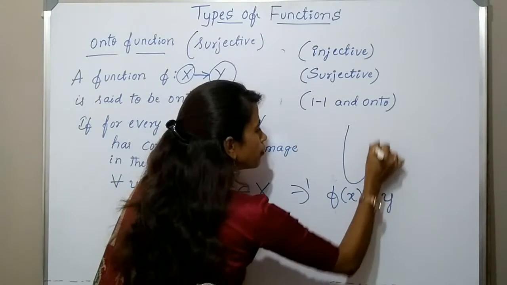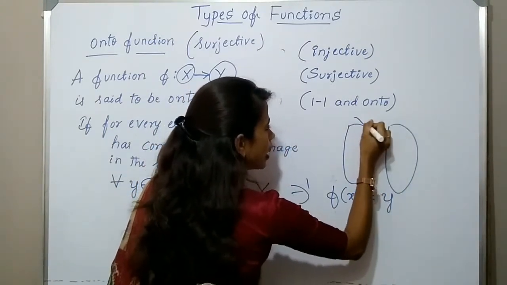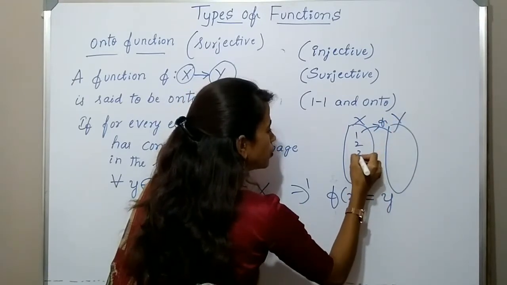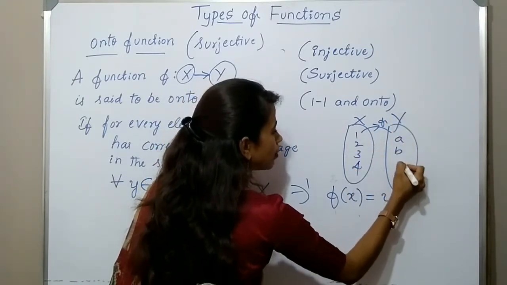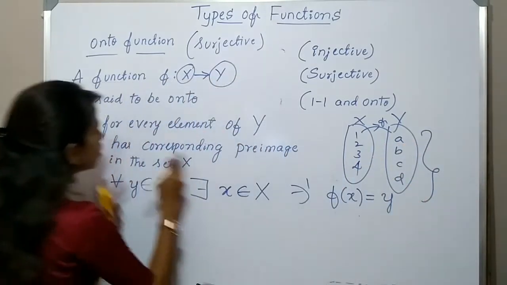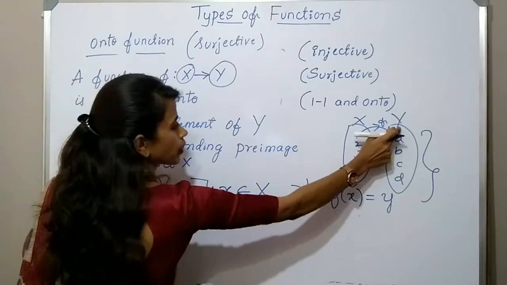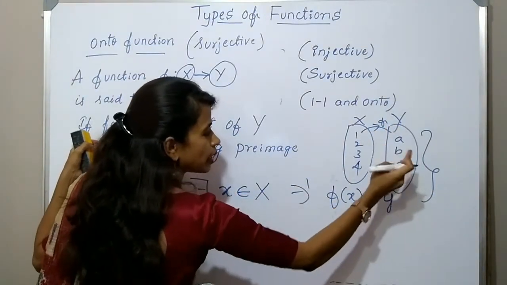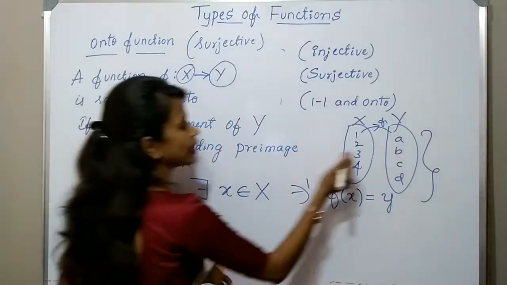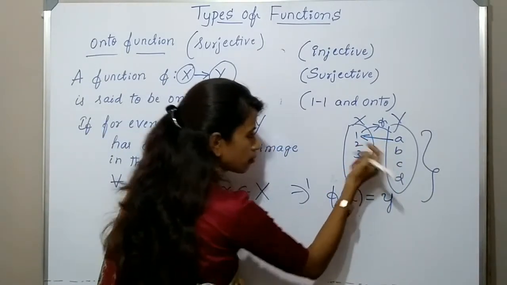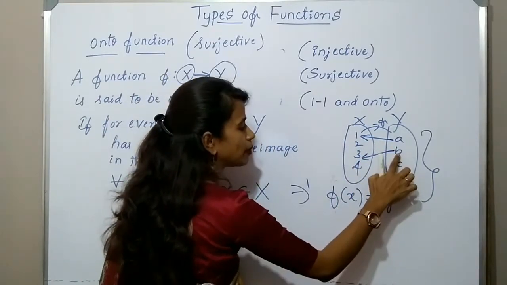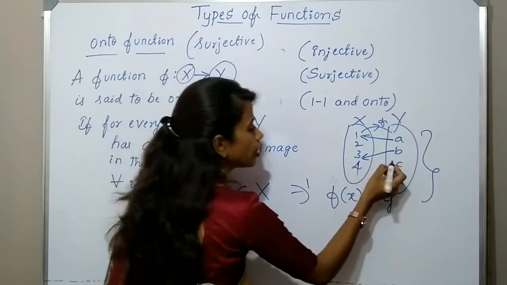That is, if I take an arrow diagram, say X and Y, the mapping is f, with elements 1, 2, 3, 4 and here I am taking a, b, c, d. For every element of Y, that is a, b, c, d, there is a corresponding pre-image in the set X. A has pre-image 1. If I take 3, then the pre-image of b is 3.